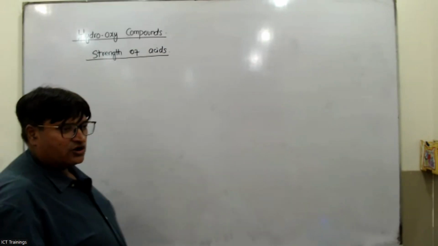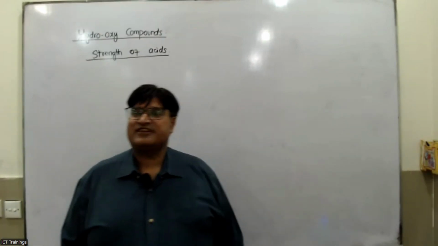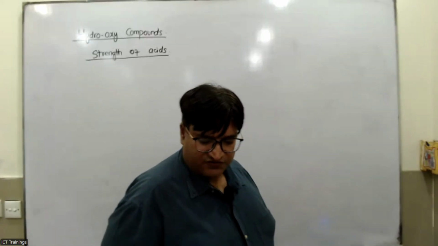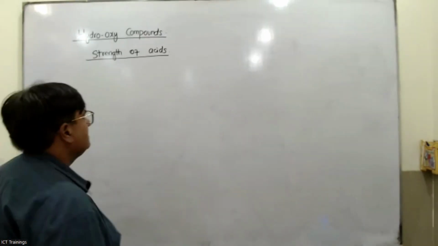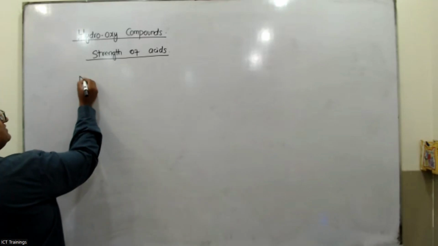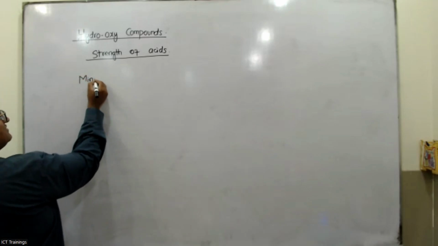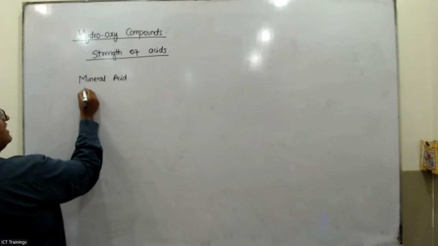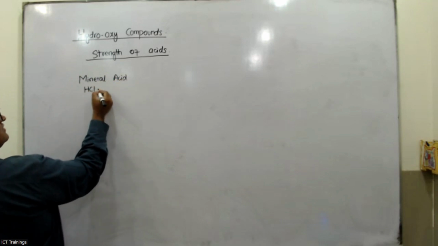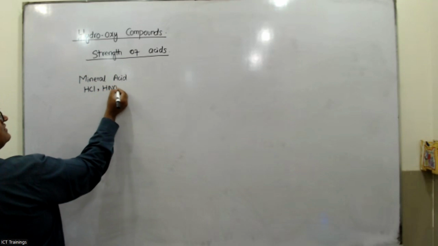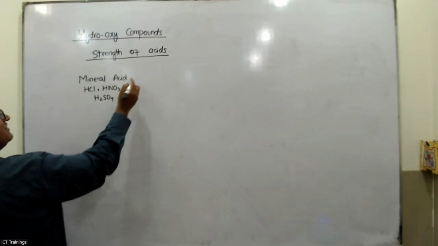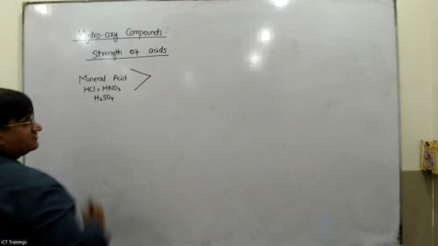So in nature, we have 5 substances which act as acids. The first of them is the mineral acid, which is the strongest one. What is meant by mineral acid? Like hydrochloric acid, nitric acid, sulfuric acid. All these are mineral acids, so they are very strong acids.